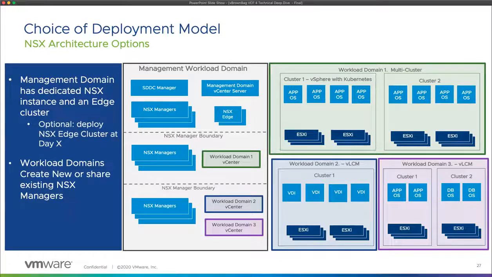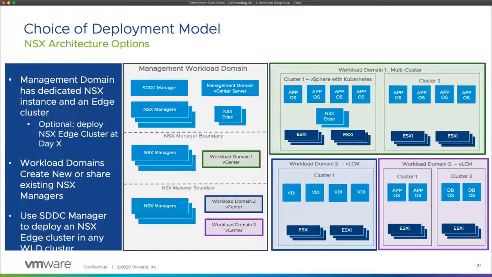However, if you are unable to fulfill the requirement of BGP and need to use static for some reason for a routing protocol, we can definitely skip the NSX edge deployment during bring up and do that as a day X action for the management domain or for any workload domain. So we can go ahead and deploy NSX edges purpose built for vSphere with Kubernetes, or deploy them on a per cluster level for workload domain 2 and 3 here.